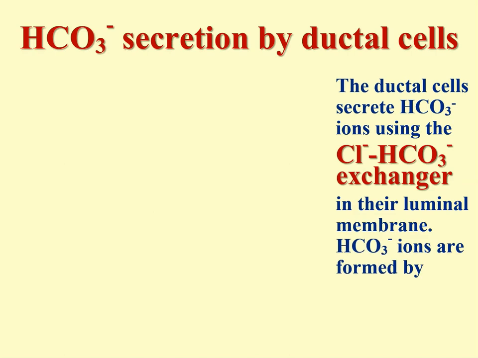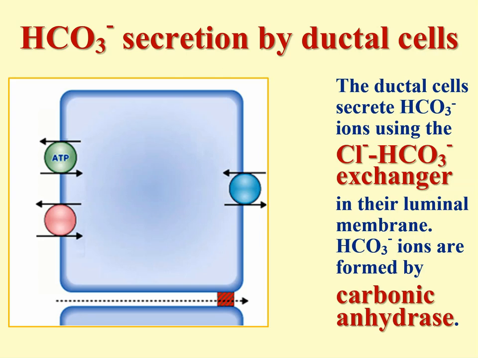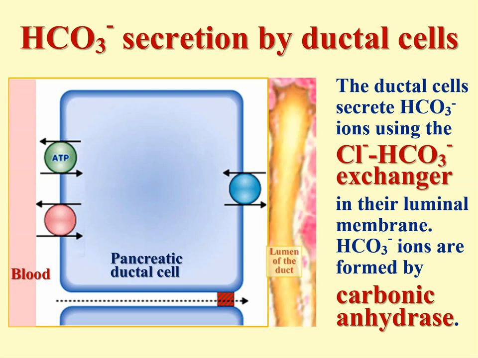But they produce HCO3- ions due to the action of carbonic anhydrase, as usual, just as we produce H+ ions for gastric juice. Here, these are the pancreatic ductal cells. To the left side, you can see the blood vessel, and to the right side, the lumen of the duct is located. So secretion should go to the right side, to the lumen.